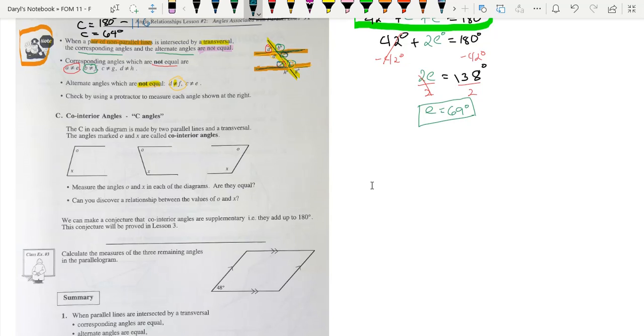Okay, so co-interior angles, or the C angles. Okay, so our C angles, we call the pattern as letter C. So the C angles, we call them as co-interior angles.